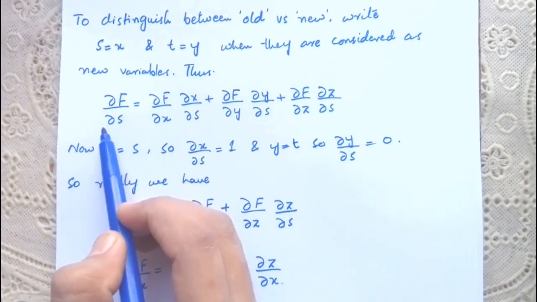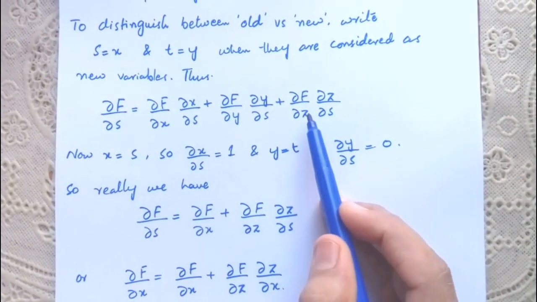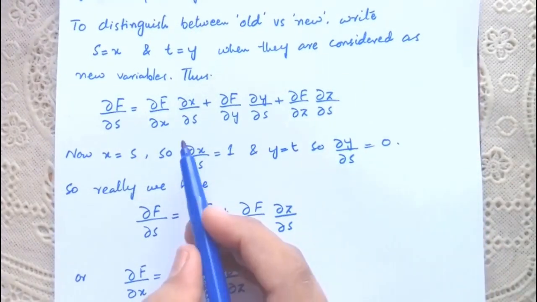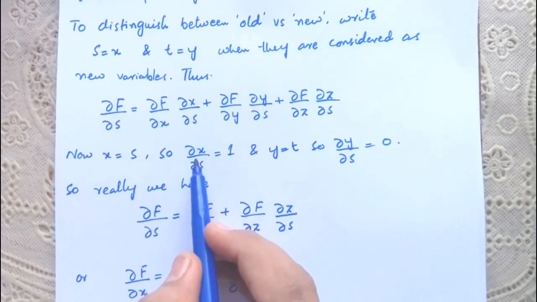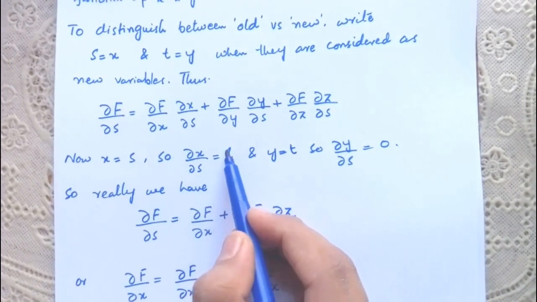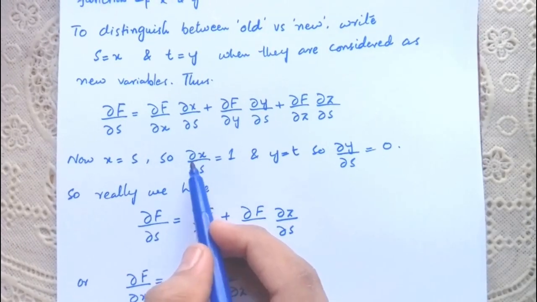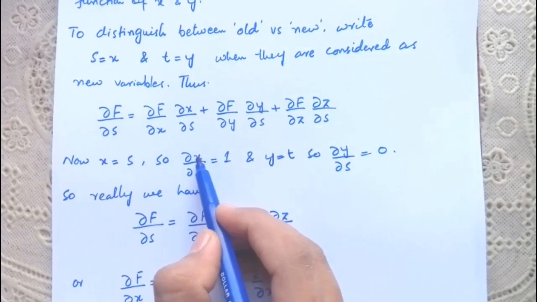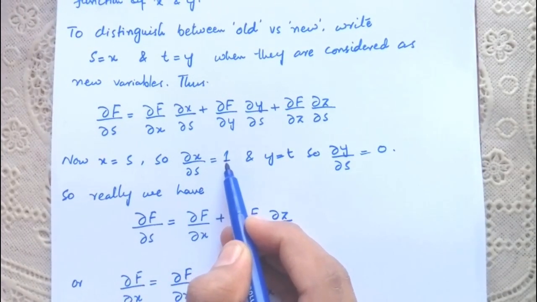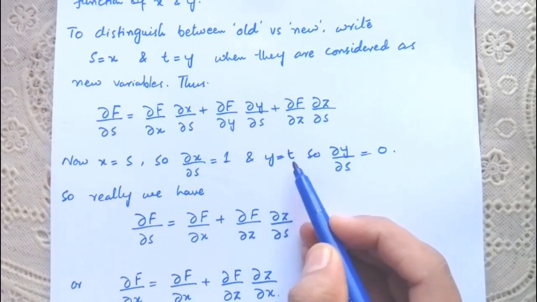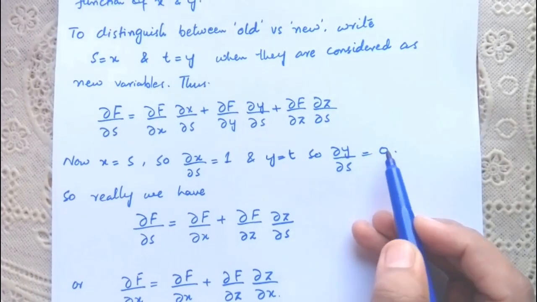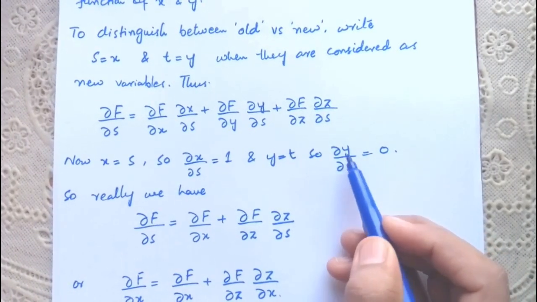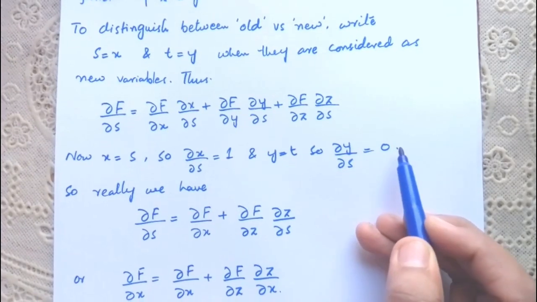and then differentiated with respect to s by the chain rule. Now dx over ds will be equal to 1, because s is equal to x, so dx over dx is equal to 1, and y is equal to t, so dy by ds is equal to 0, meaning the partial derivative of y with respect to s is equal to 0.